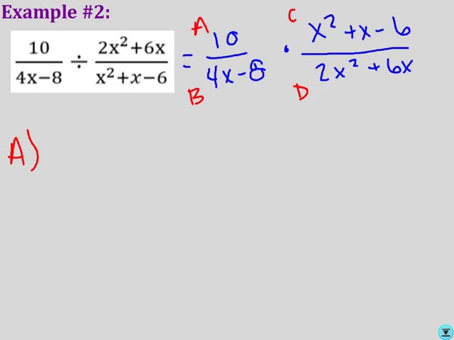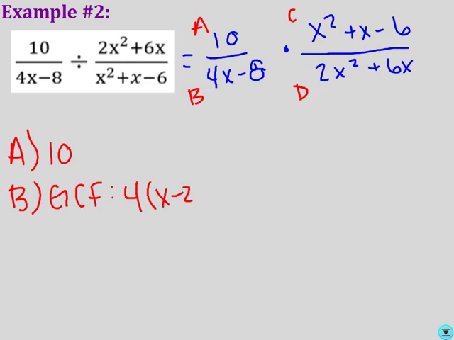A is prime. It will just say 10. B, I can factor with a GCF, which would be 4, and that would be x minus 2. C, we would need to do x method. X, 2 numbers that multiply to give me negative 6, that add to give me 1.